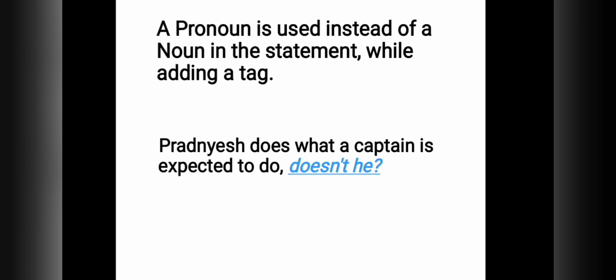He is the pronoun used for Pradnesh, because Pradnesh is the name of a boy. Suppose there is the name of a girl, then we have to write doesn't she. So whenever we add a question tag, for a noun in the statement we have to use a pronoun.